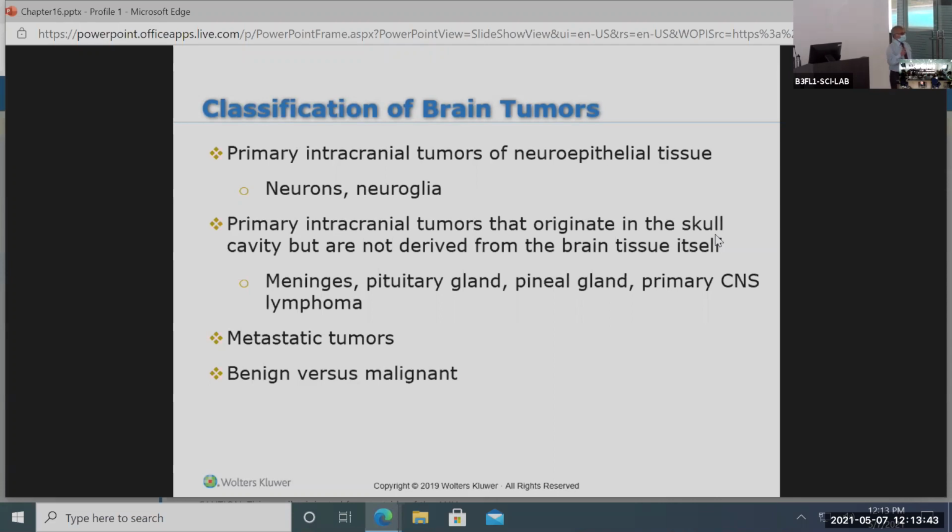And also, for the brain tumors, if you look at the brain tissue, it is made up of two different types of cells. Neuron or nerve cell, and the other is what? The other is neuroglia.